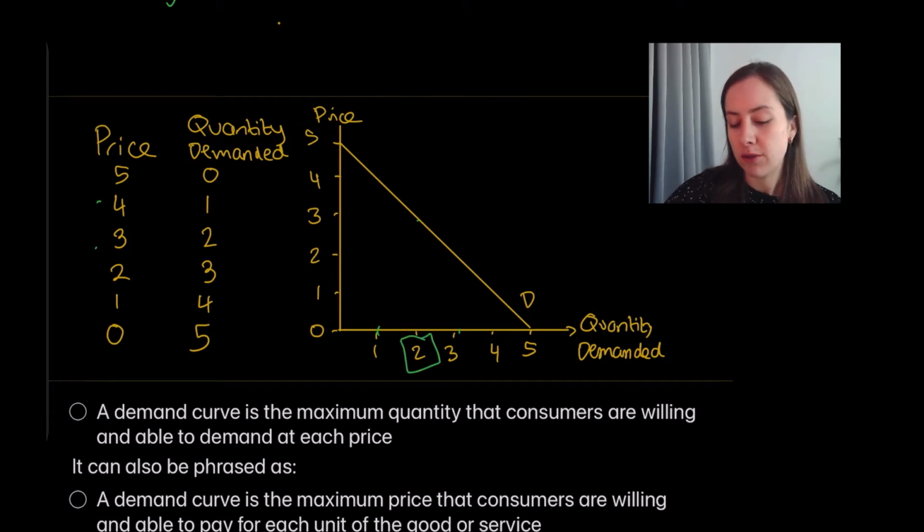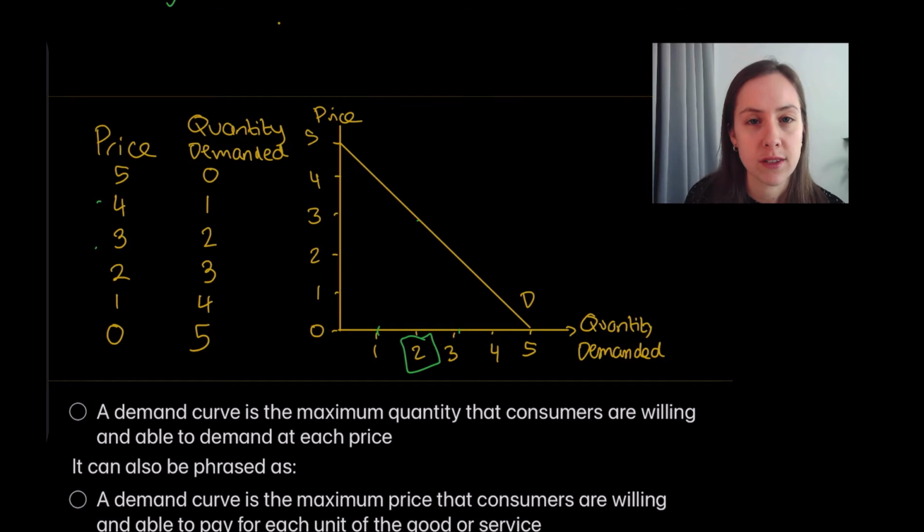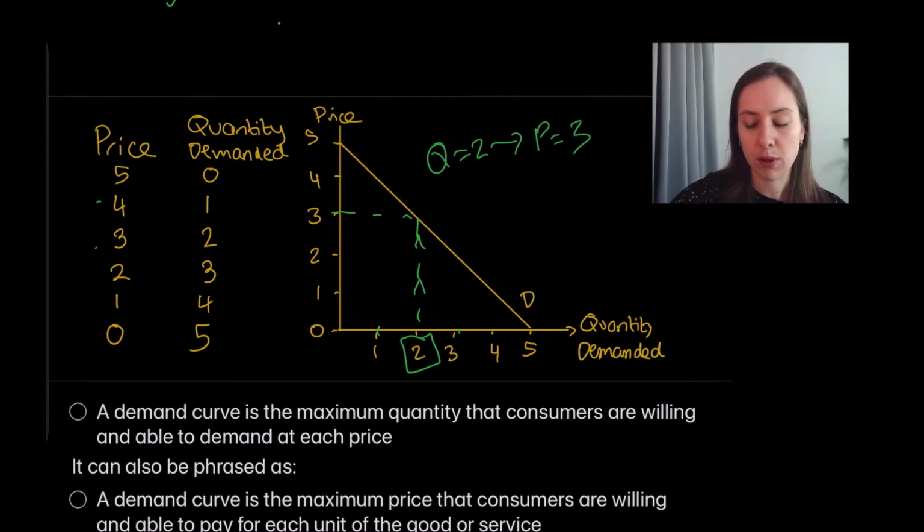So for example, for quantity 2, a demand curve shows that the maximum a consumer is willing to pay is 3. And again, to get quantity 3, at the maximum a consumer is willing and able to pay 2.